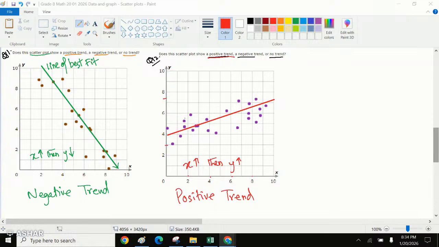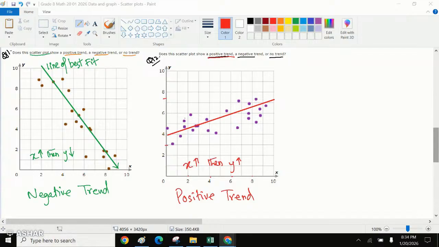So if the production of lithium batteries is increasing, then the production of cars or cell phones is also increasing. So in scatter plots, we can see the impact of one variable, that is x, on the other variable, that is y, right?